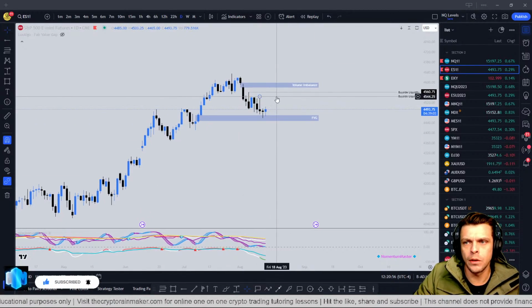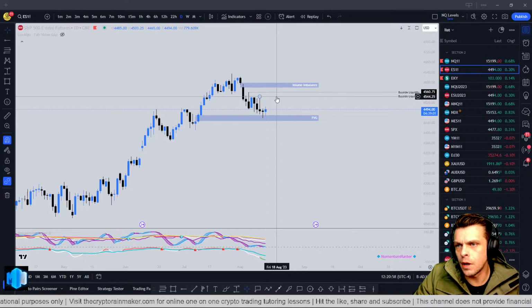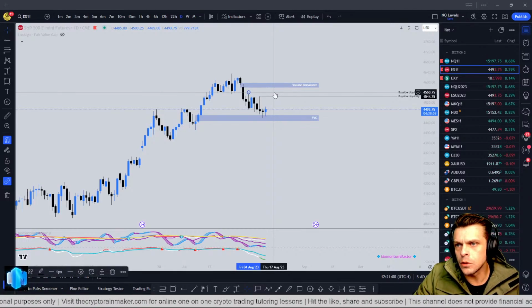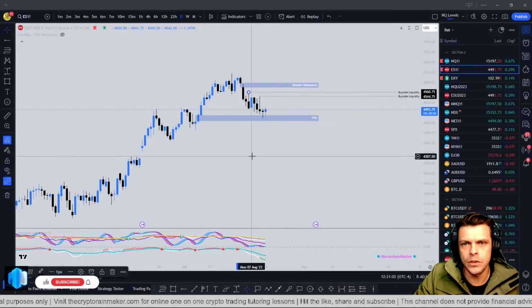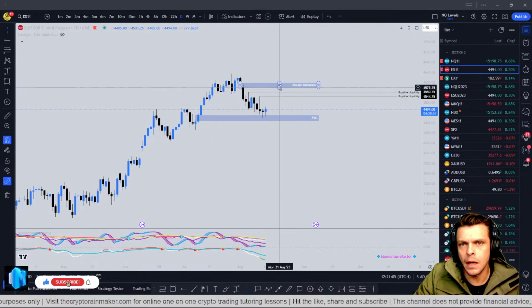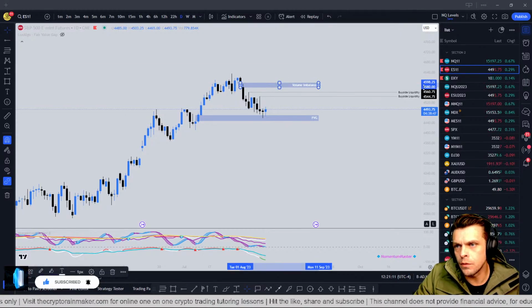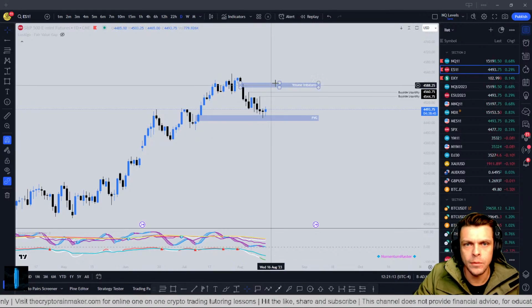We have the liquidity right here at 4,544. Next one is at 4,560. Then we have the imbalance right here, which starts at 4,580 and ends at 4,598.